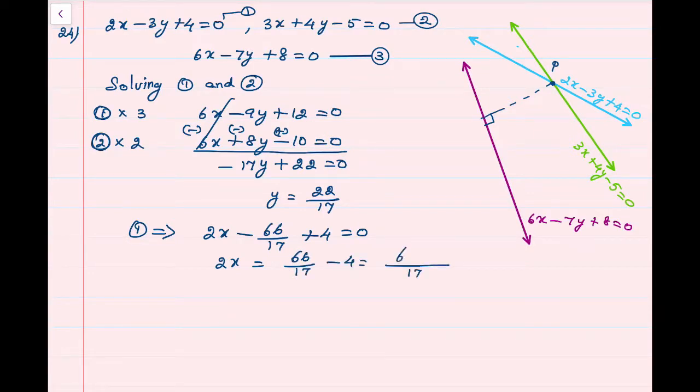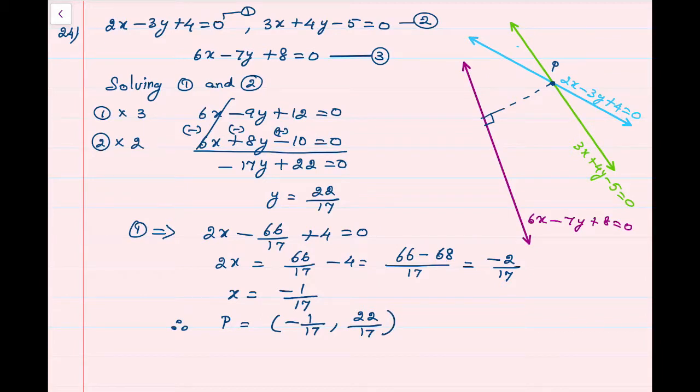LCM is 17. 4 times 17 is 68, which gives minus 2 divided by 17. Therefore, x is minus 1 divided by 17. Therefore, point P is minus 1 divided by 17 and 22 divided by 17.